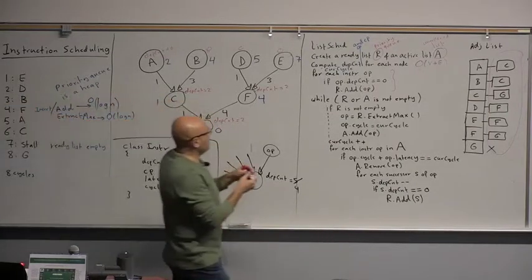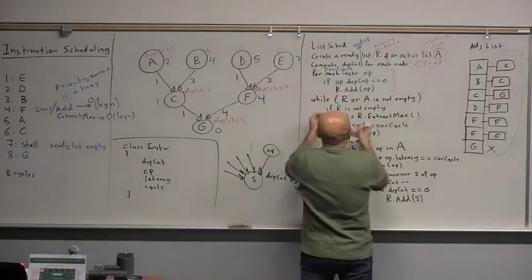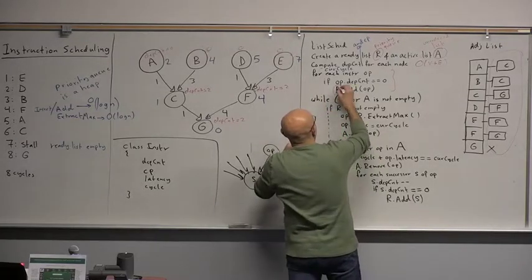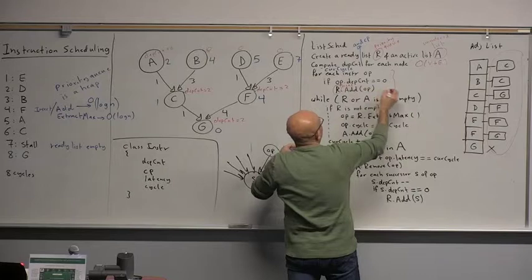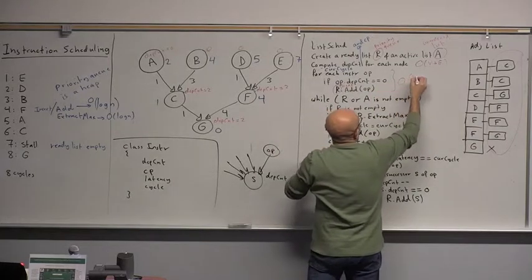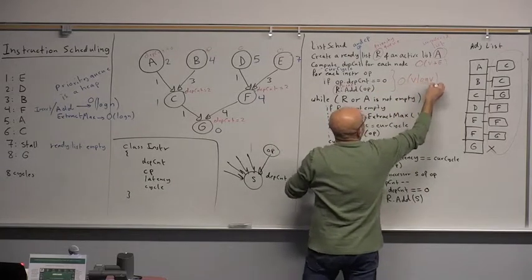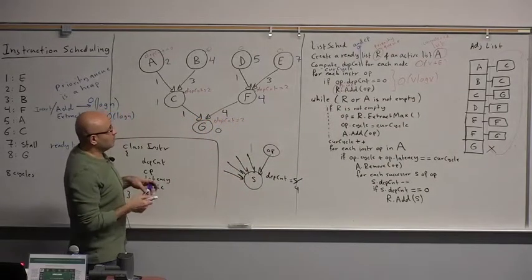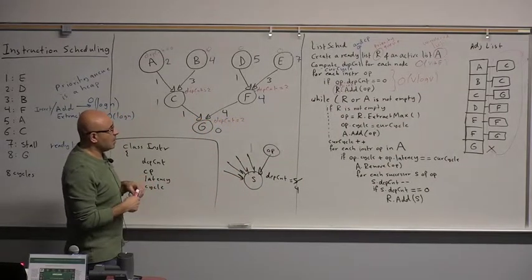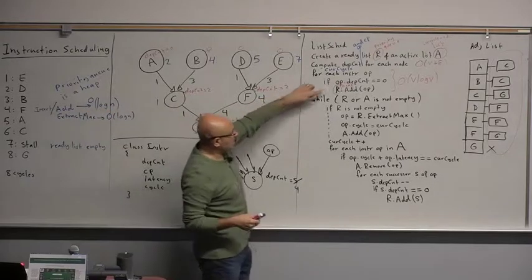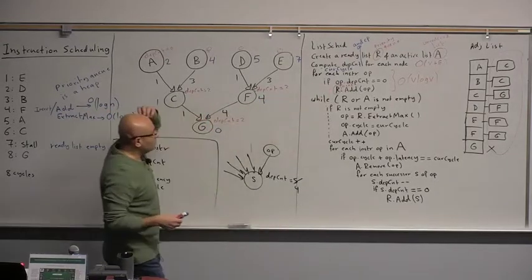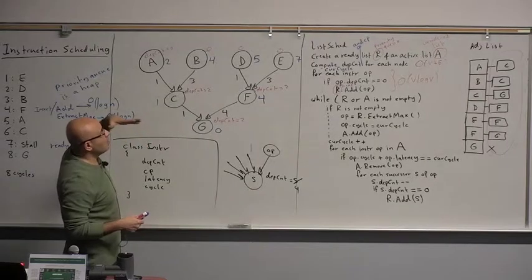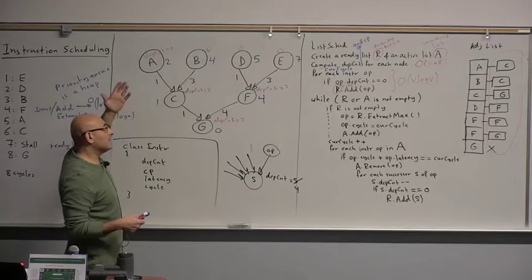This means that, because this is a heap, this is O of V log V, because we do it for every op. There are V ops, and this is log V for each in the worst case.